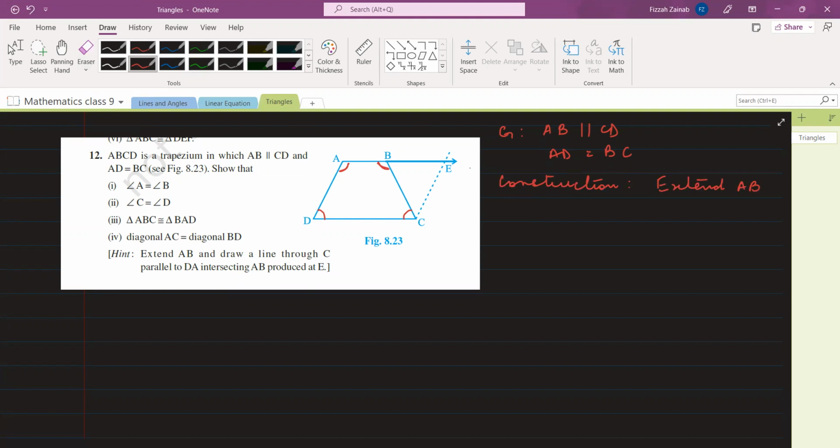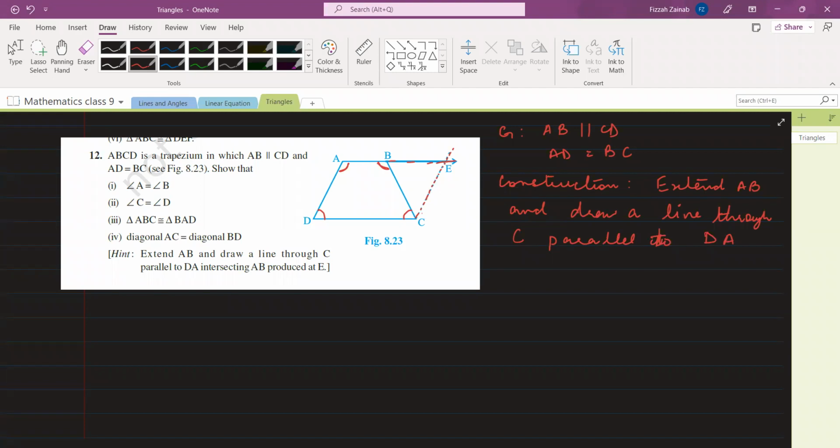So we have extended this side AB like this and drawn a line through C. So through C, we have drawn a line which is parallel to DA.